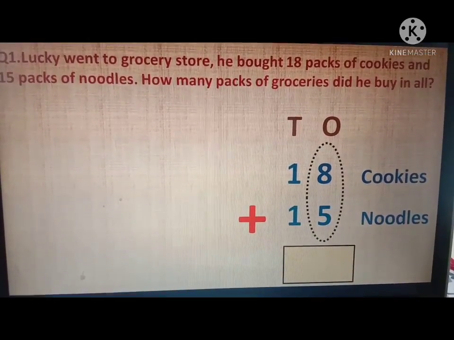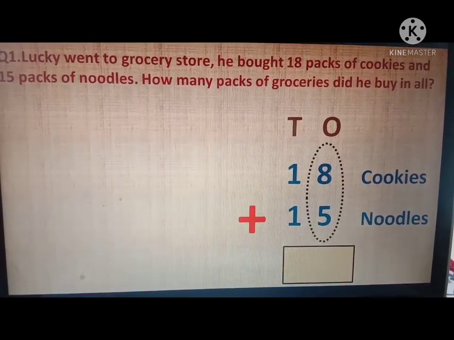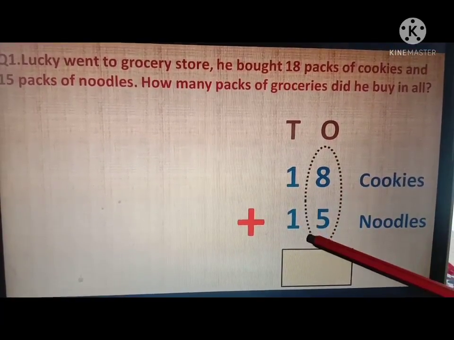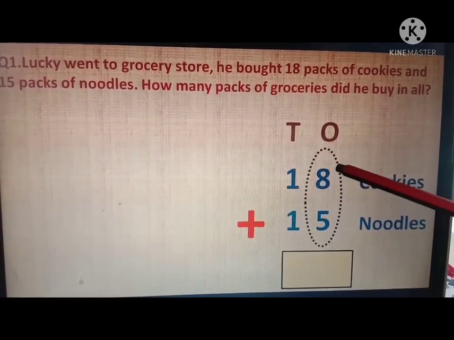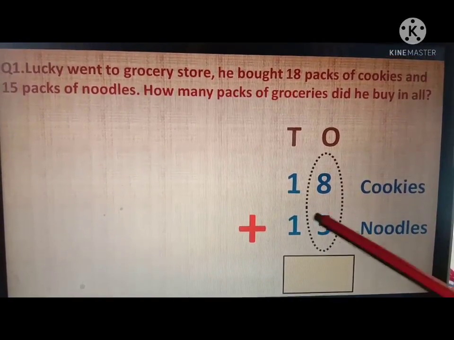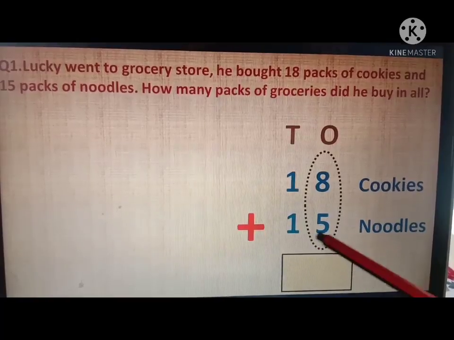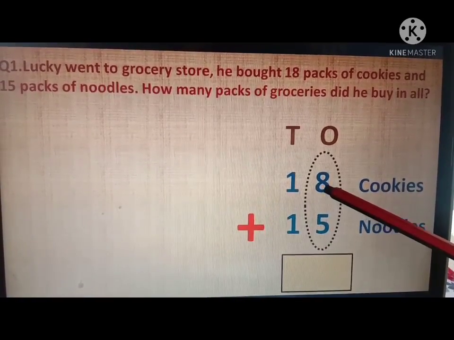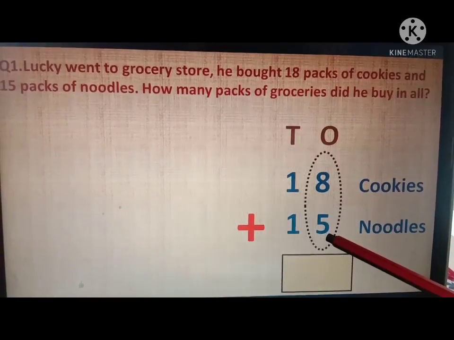So the first step is we have to add all the digits that are written under ones place. So 18 cookies, 15 noodles. Here at ones place 8 is written, 5 is written.